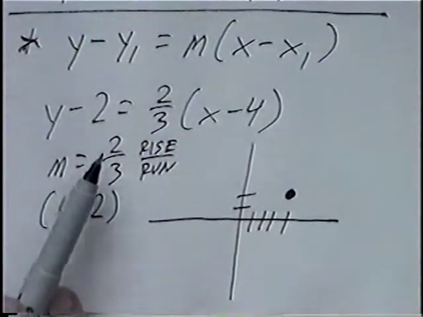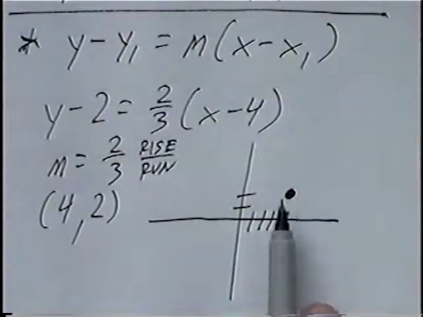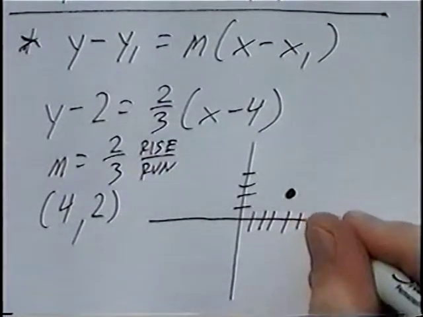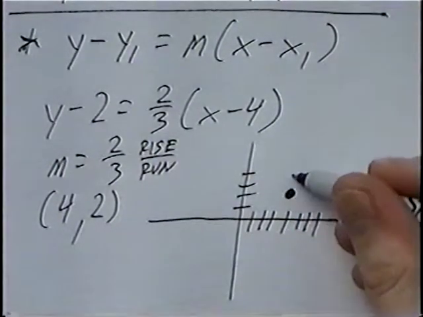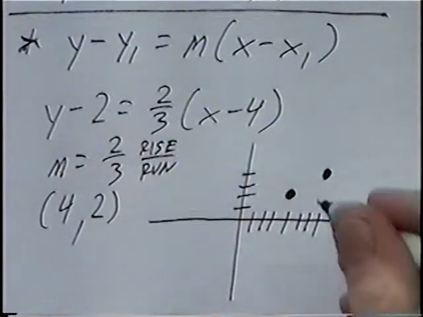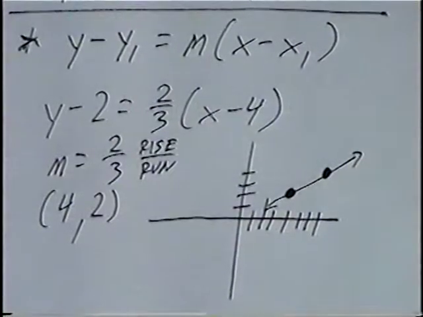So 2/3 will go up 2 spots, and to the right 3 spots. So from this point, we'll go up 2 and over 3, which will be our second point. And we can take these 2 points, connect them, and that would be the graph for the equation.